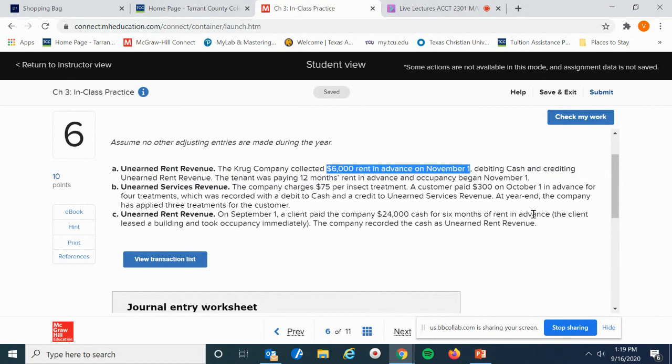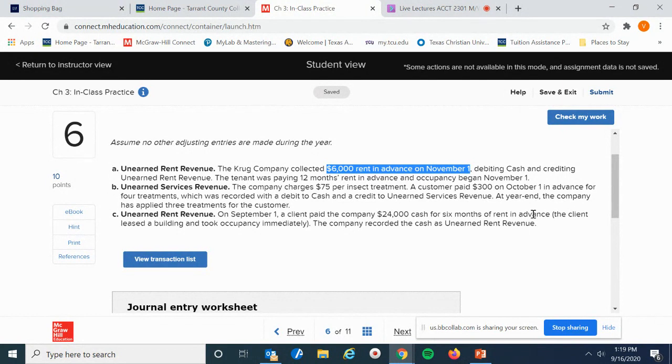So let me remind you what exactly is unearned rent revenue. Unearned rent revenue is a liability. So it's a liability because at the time of the original transaction, the company has not provided any rent to the customer. So the tenant paid the $6,000 for 12 months worth of rent.